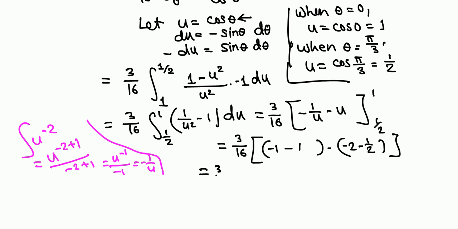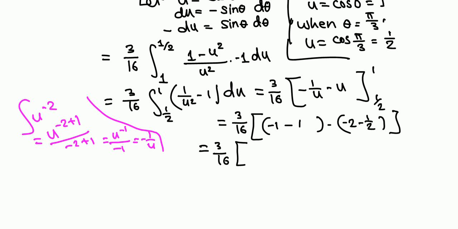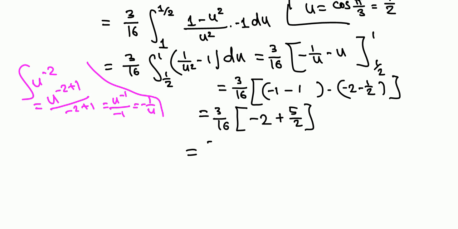So 3/16 outside. -1 minus 1 is -2. -2 minus 1/2, both negative, so we add: 2 times 2 is 4, plus 1 is 5, so -5/2, and with the negative sign, positive 5/2, 2.5. And 3/16 times 2.5 minus 2, just 0.5, just 1/2. 5/2 minus 4/2, since 2 is 4/2, gives 1/2. So the final answer is 3/16 times 1/2, which is 3/32.